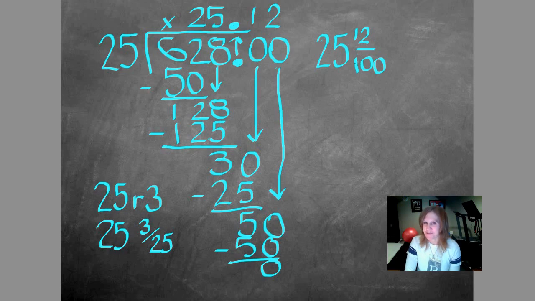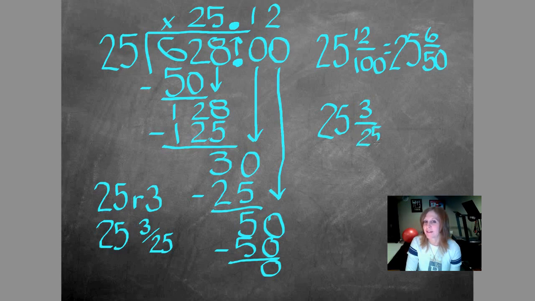But I can simplify that amount. And 12 actually can be divided by 2, first of all. I'll rewrite my quotient. 12 divided by 2 is 6, and 100 divided by 2 is 50. And you're right, I can simplify that even more. So I'm going to rewrite my quotient 25. And then 6 divided by 2 is 3. And 50 divided by 2, did you guess it?